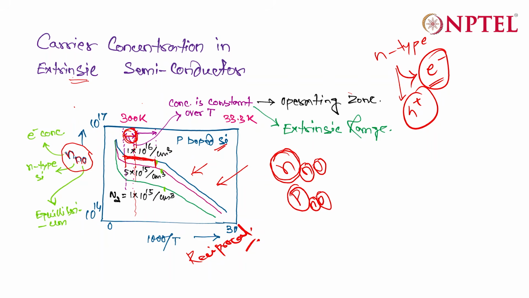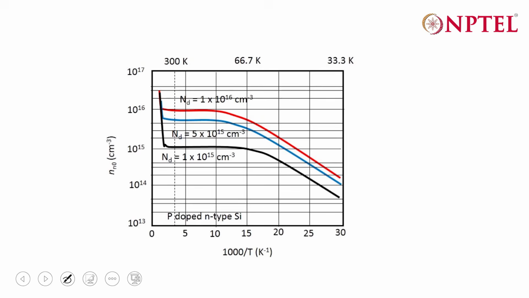So this is how the carrier concentration in extrinsic semiconductor looks like. So yeah, let us see the plot in a nicer way. You'll find that the plots are something like that. Okay, so here is the room temperature.